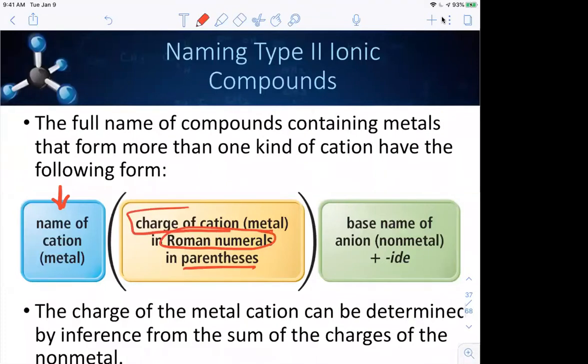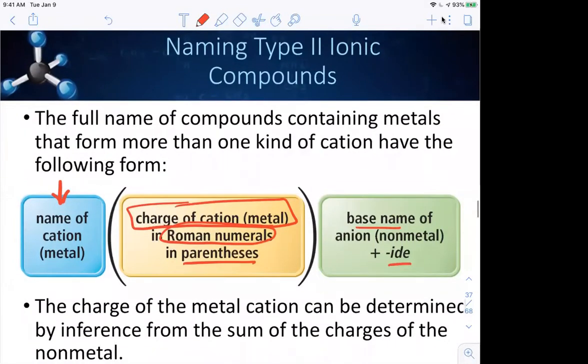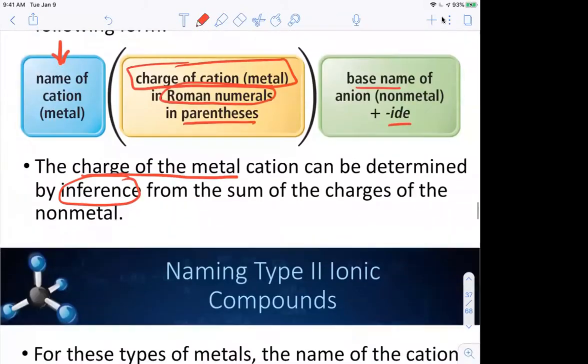And that's how I represent the charge of the cation. And then this is the same, the base name of the anion followed by IDE. Remember, the charge of the metal can be determined by inference based on whatever that nonmetal anion is.